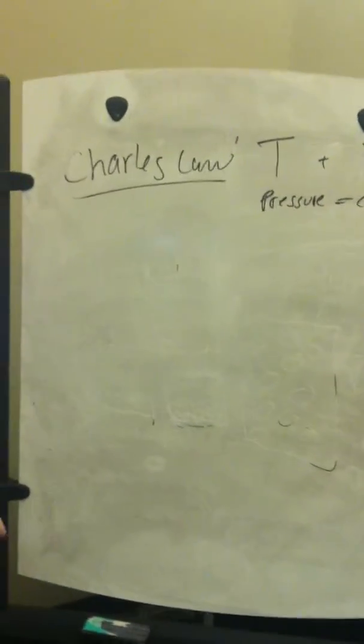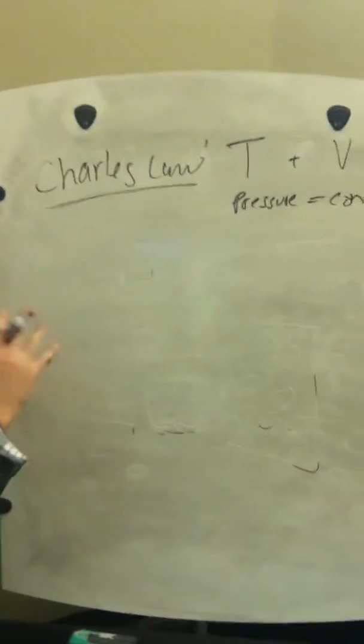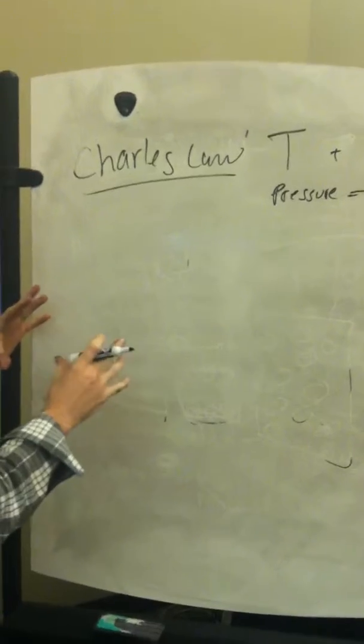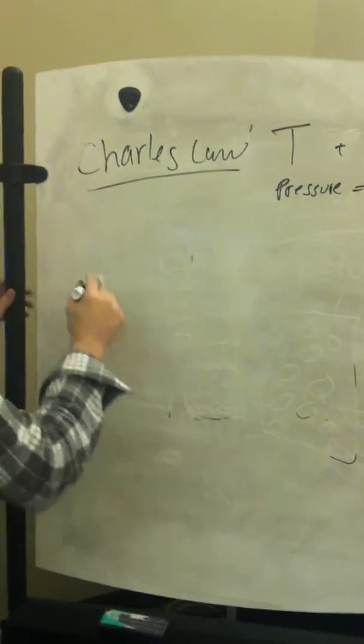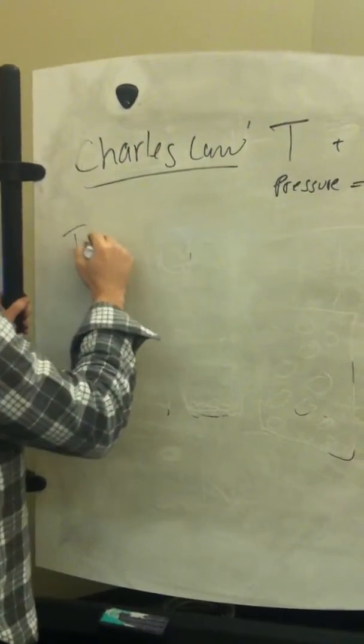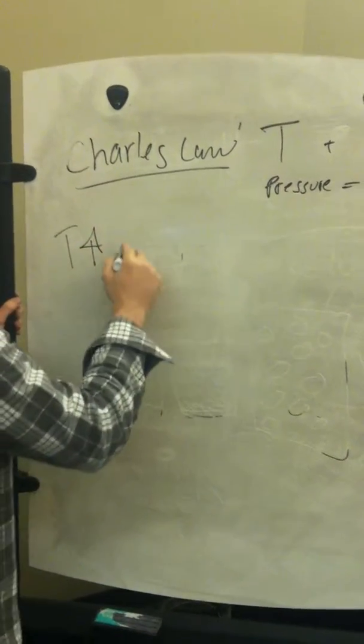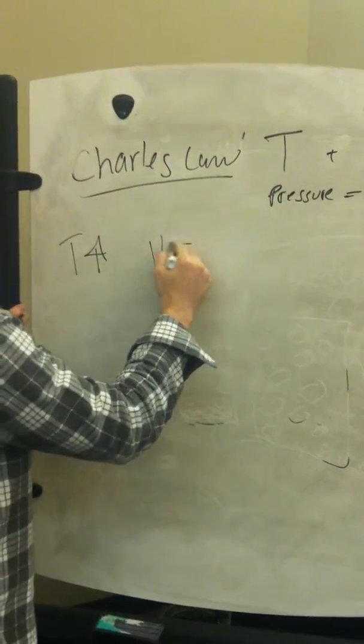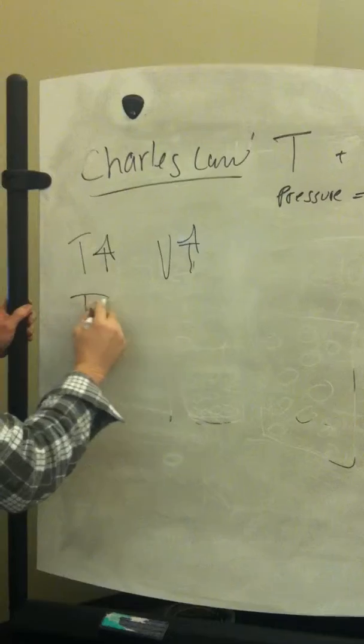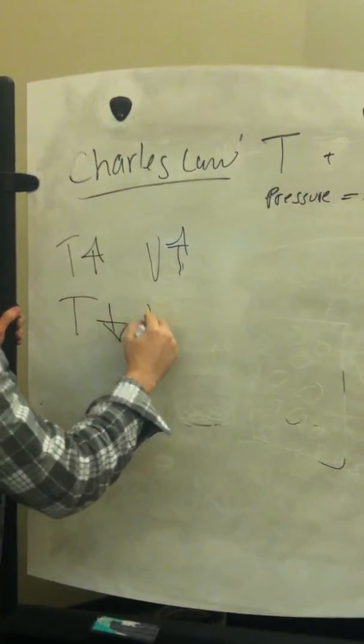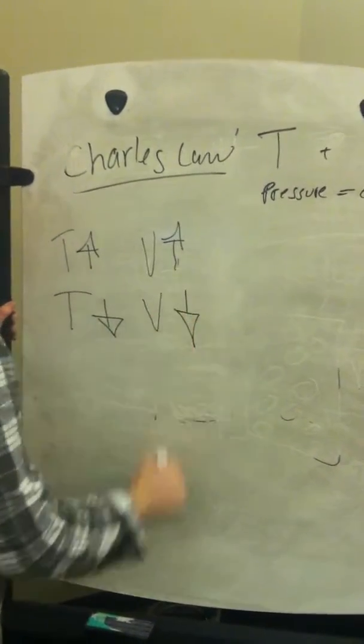What Charles' Law says is, if there's a gas trapped in a container, if the temperature increases, the volume increases. If the temperature decreases, the volume decreases.